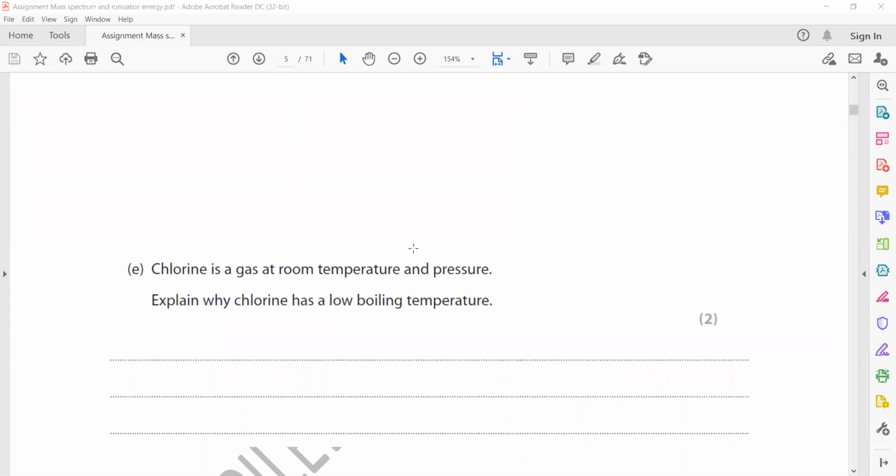Chlorine is a gas at room temperature and pressure. Why does chlorine have a low boiling point?